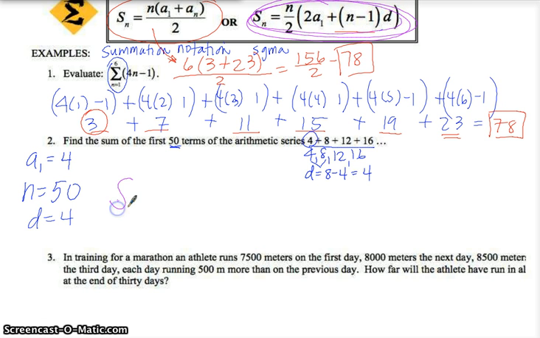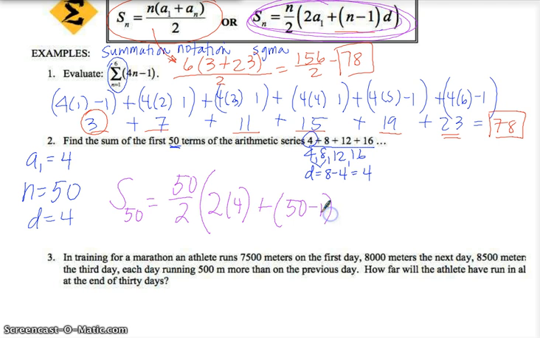Right, so the sum of the first 50 terms equals 50 divided by 2 times twice the first term plus 50 minus 1 times our common difference of d. So again, where am I getting that? I'm getting that from our formula up here above.